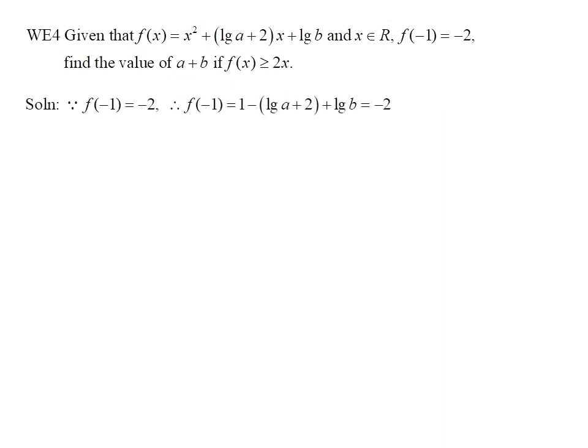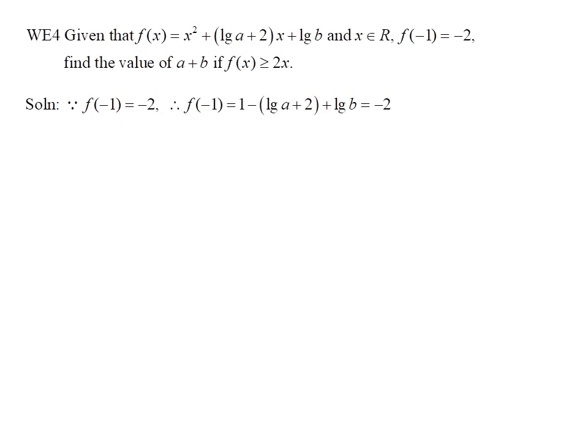Since f(-1) equals -2 and f(-1) can also be expressed as 1 minus open bracket common logarithm of a plus 2 close bracket plus common logarithm of b, which equals -2.